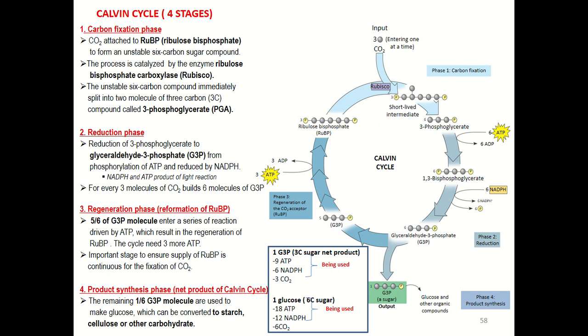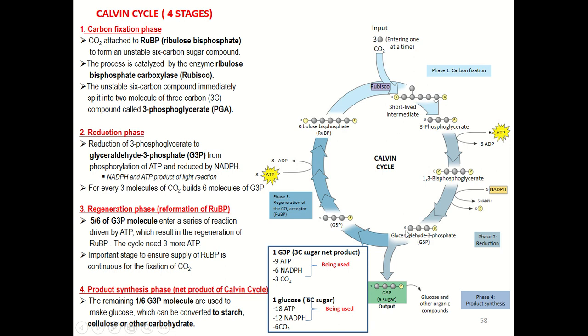And then it will be reduced by 6 molecules of NADPH becoming 6 molecules of NADP plus, and it also removes the inorganic phosphate group attached at carbon number 1, thus producing glyceraldehyde 3-phosphate. So therefore, for every 3 molecules of carbon dioxide that enter the Calvin cycle, it will build 6 molecules of glyceraldehyde 3-phosphate.